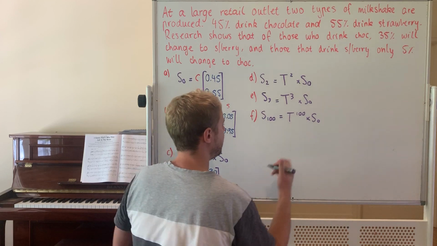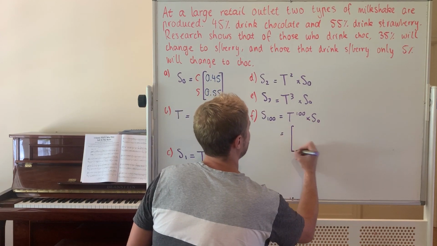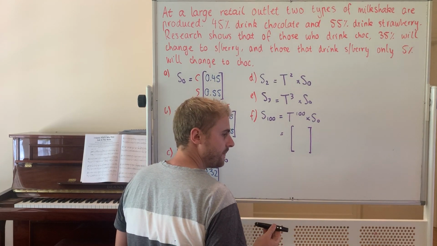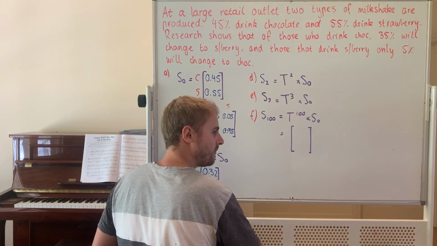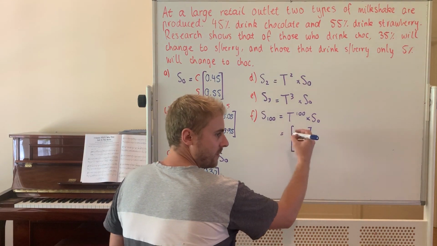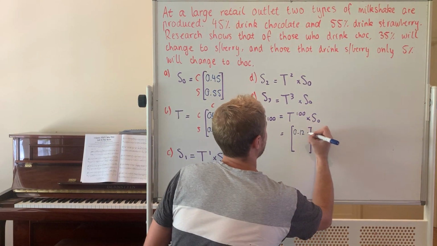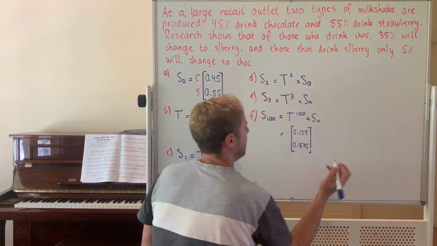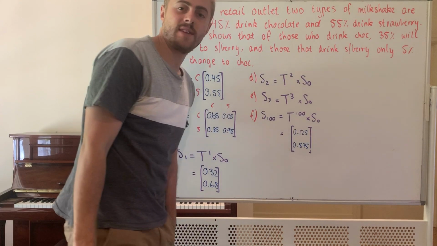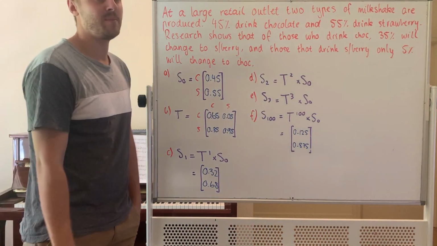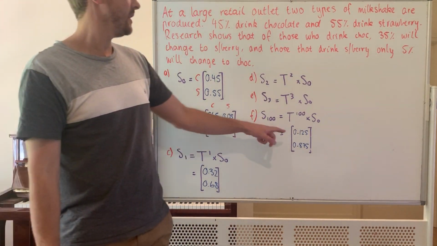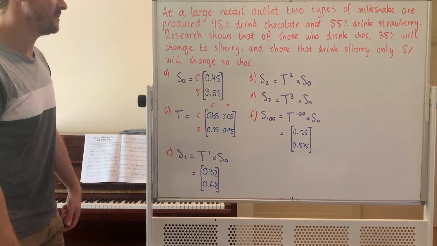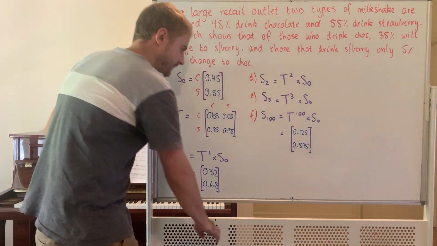If you were to solve that, you would get 0.125 and 0.875. If you converted that to a percentage, what that means is after 100 months, you would expect 12.5% of people to be drinking chocolate, 87.5% of people to be drinking strawberry.